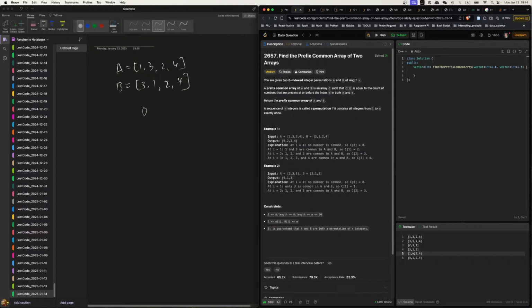I bet we can. Oh, he didn't say they all have different values though.